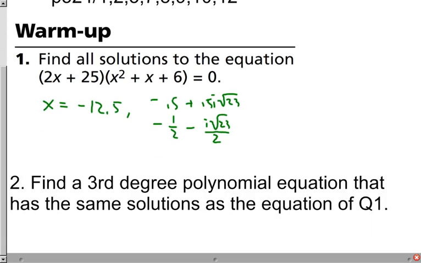Now, the second question is, find a third degree polynomial, a cubic function, that will have the same solutions as question number 1. First of all, is it even possible to create another cubic function with the same solutions? Yes.